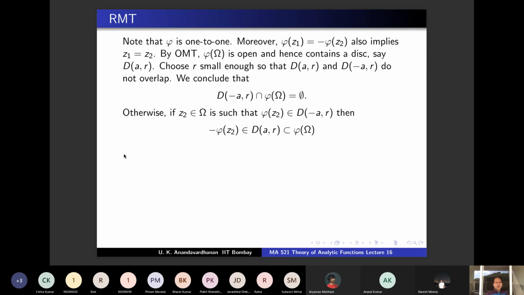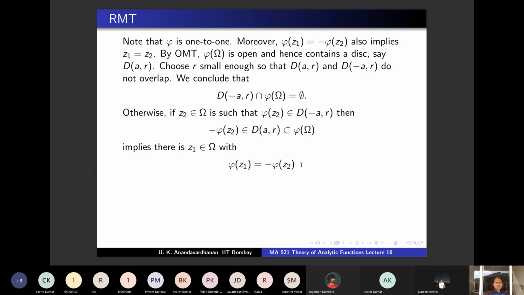And this implies there is a z1 in omega with phi of z1 equal to minus phi of z2, right? Minus phi of z2 is in phi omega. Therefore, there is a z1 in omega such that minus phi z2 is phi z1.